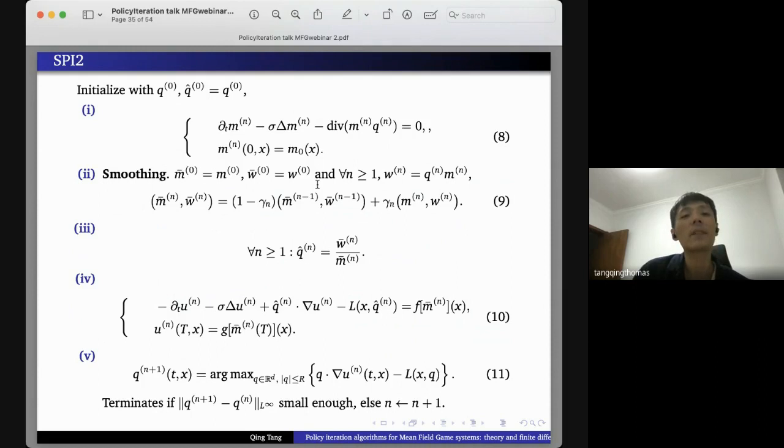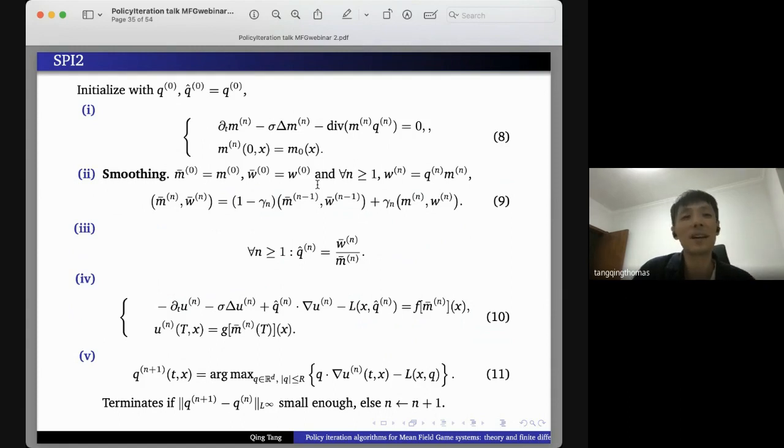SPI2. I have a guess of Q. I derive M from the Fokker-Planck equation, and then I do some smoothing. I have Q and M. I do some smoothing on M and the flux W. You can think of it as some kind of averaging, and then I divide W bar by M bar to derive some kind of Q hat.